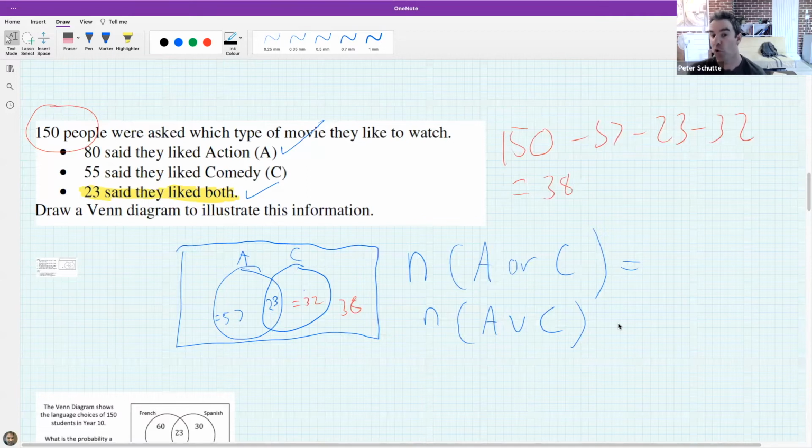Be careful, this is or, hey? It's not and, it's or. So it can be the region that I'm looking at, or it can be here. It's basically the union of these two sets here.